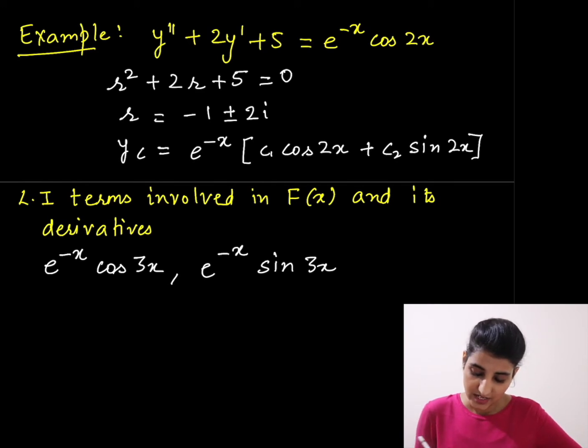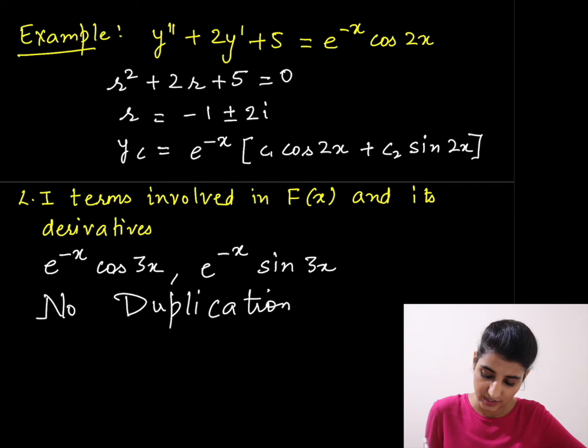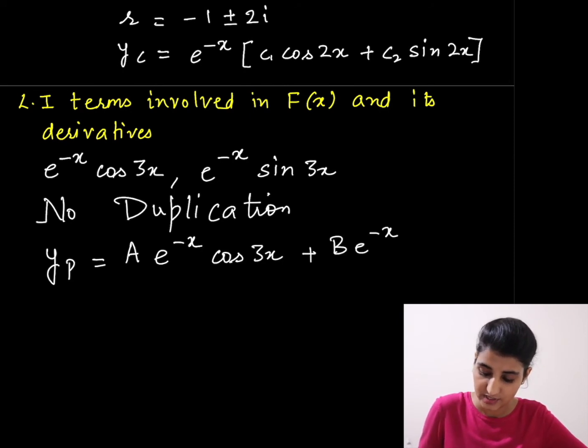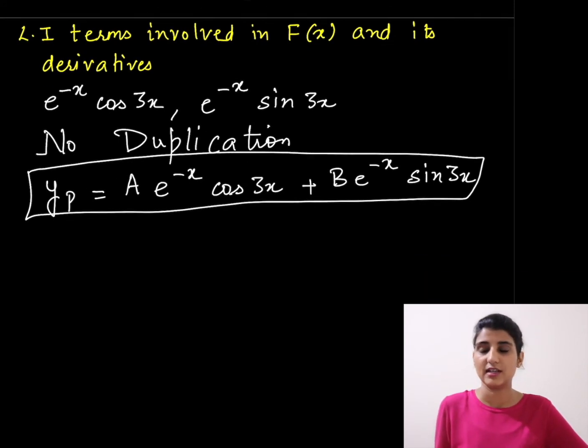If you see, there is no duplication in yc and in these linearly independent terms. So this is the case of no duplication. So our yp will look like a times e power negative x cosine 3x plus b times e power negative x sine 3x. You can plug this yp back in your equation to calculate a and b.